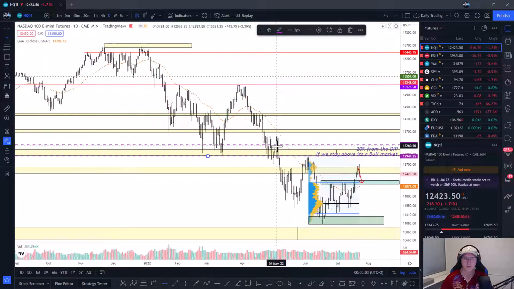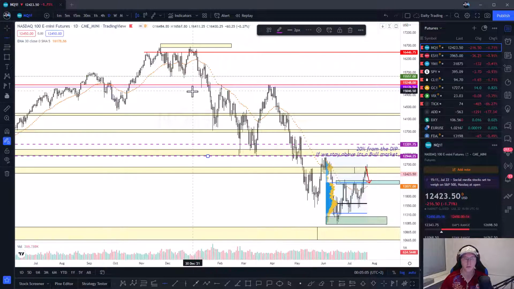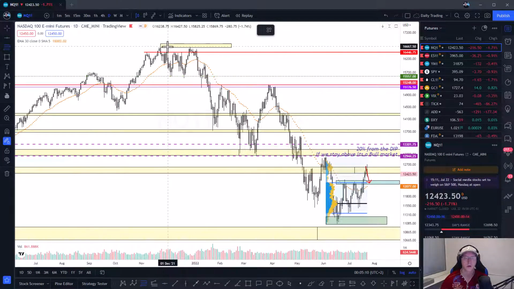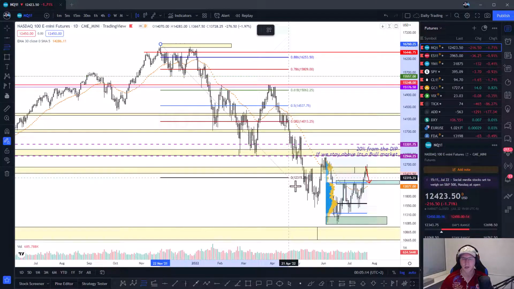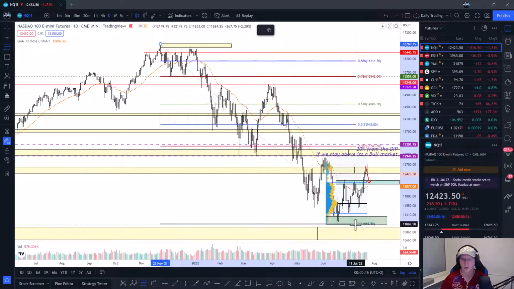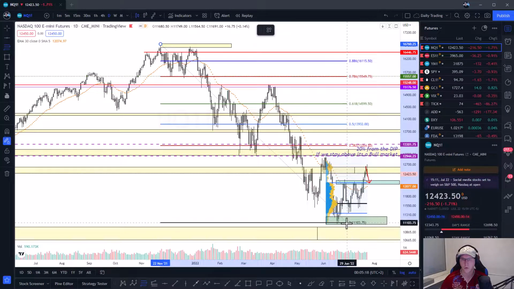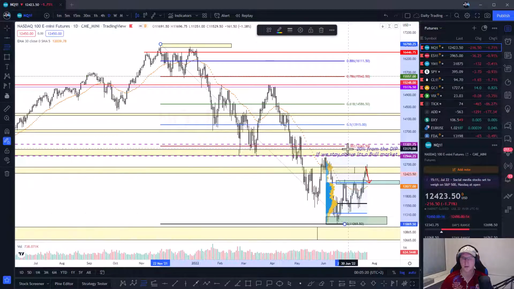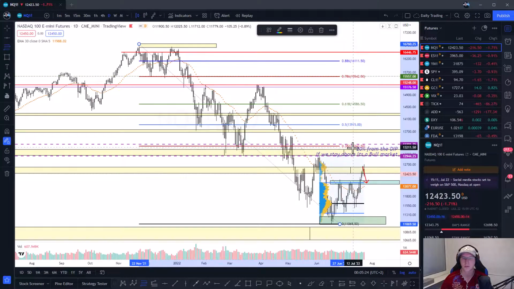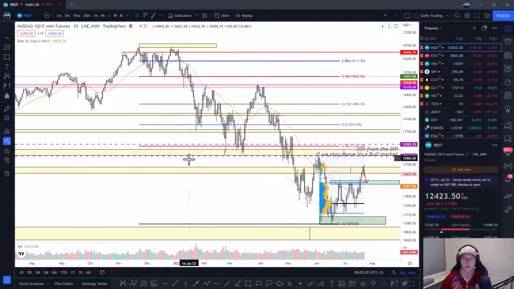But here's a really cool thing also. If you take a Fibonacci tool and make it from the top down to the bottom, we have exactly the 38.2% retracement at the 20% level.